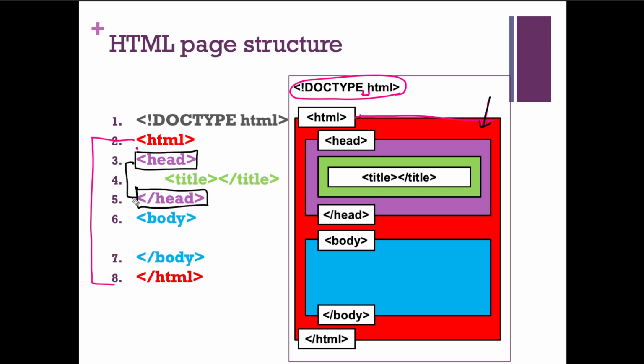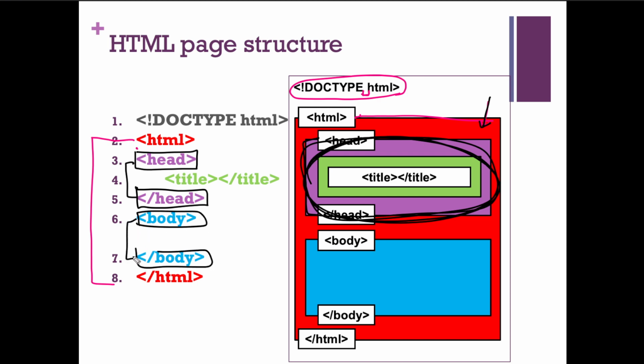These two are creating a head section. So as you can see, head to closing head, this section is a head section. And then there is a body and closing body, so it creates another section.